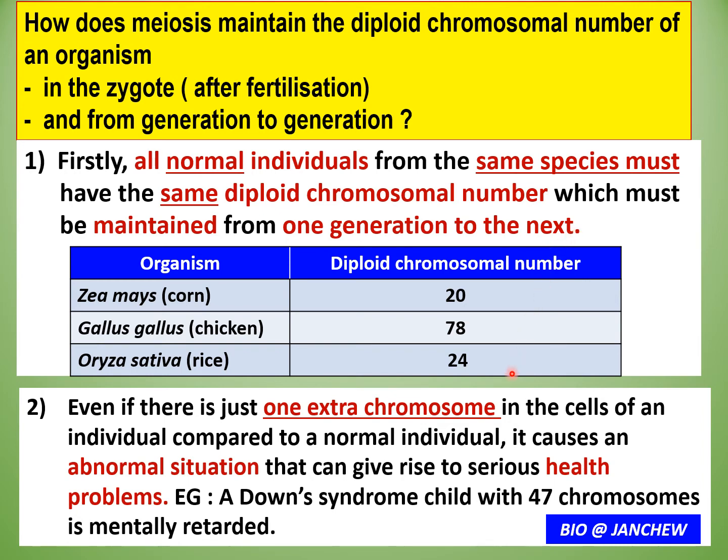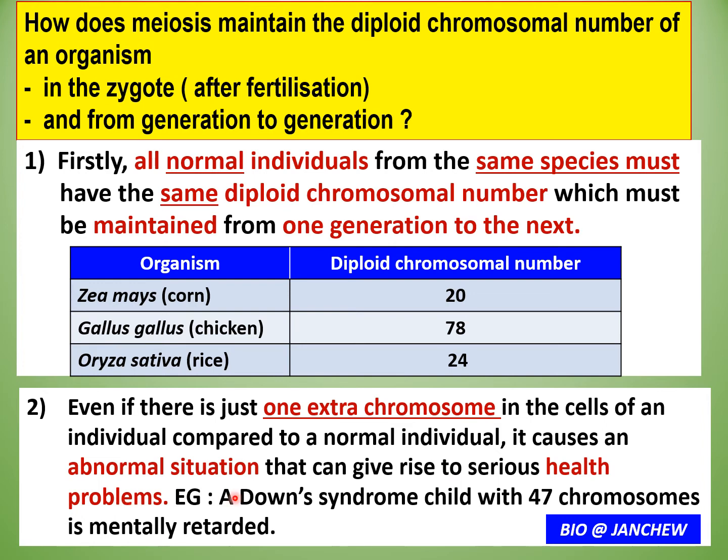Now, what happens if the diploid chromosomal number were to change from one generation to the next? Even if there is just one extra chromosome in the cells of an individual compared to a normal individual of the same species, it causes an abnormal situation, and an abnormal individual is produced that may have serious health problems.